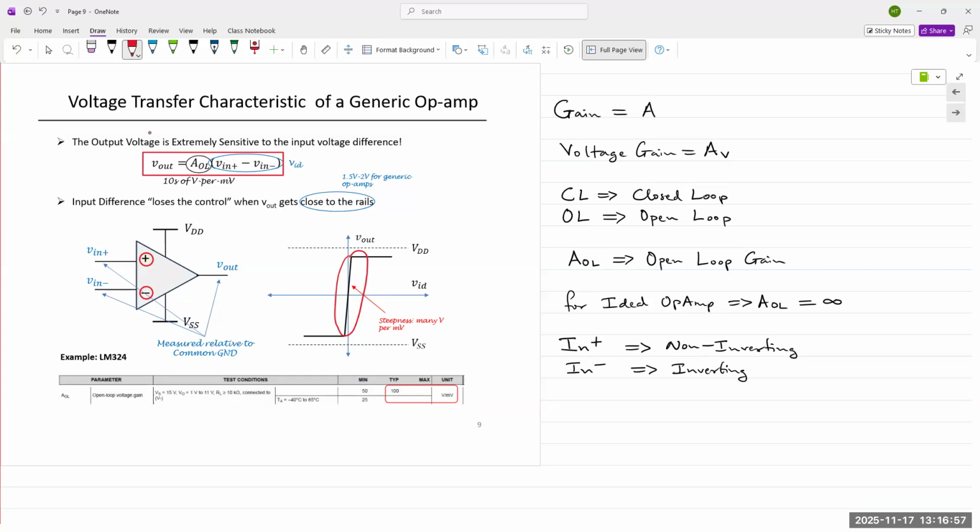And of course, the energy to do so is not infinite. There is a finite limit. There's an upper cap on it, and that comes from the power supplies, VDD and VSS, the plus minus dual power supplies. That's the upper limit, and that's the lower limit.